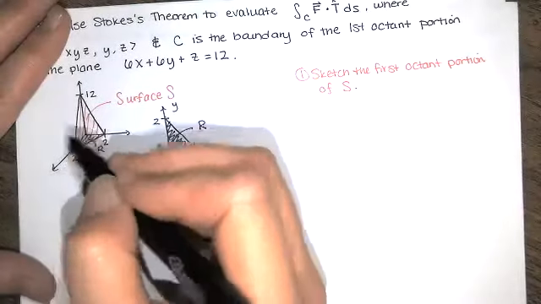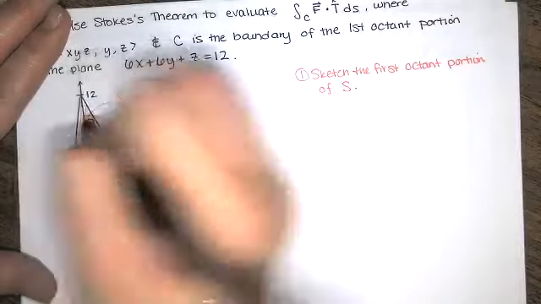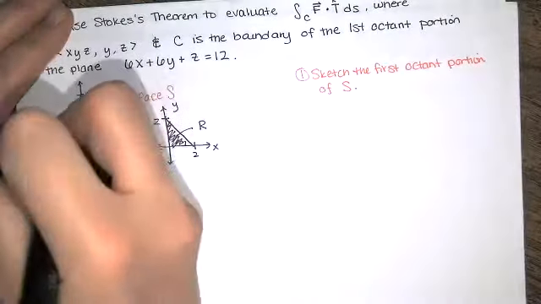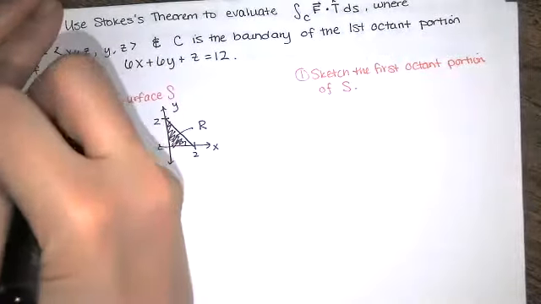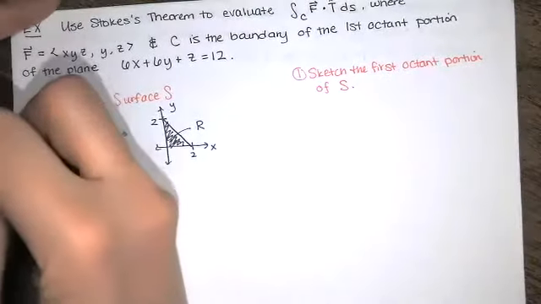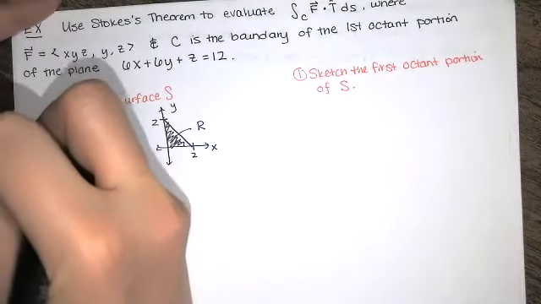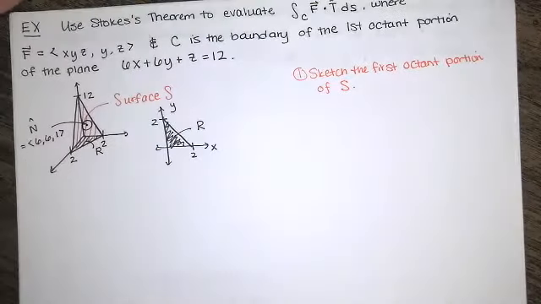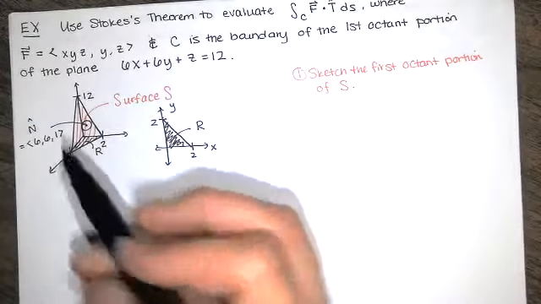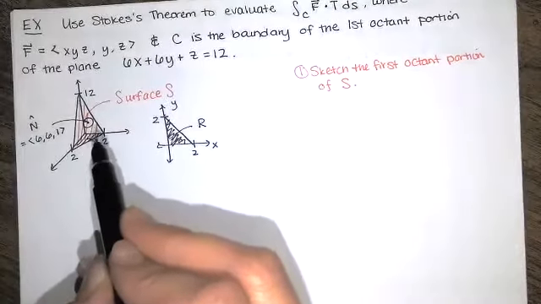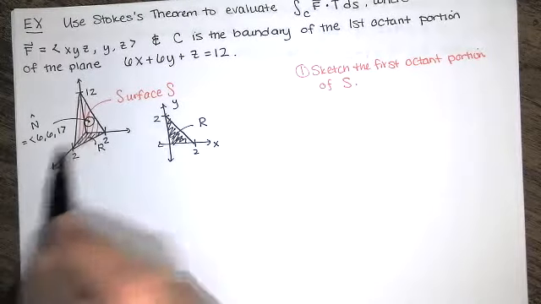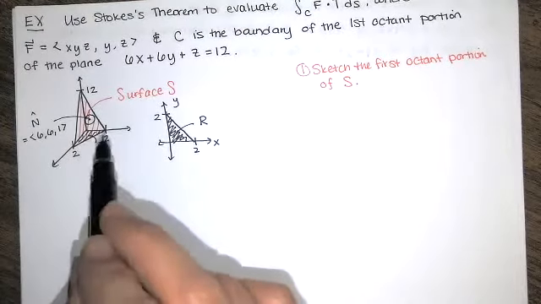Relative to that normal that's pointing out at us, and I'll put a little point like that to indicate that that normal is pointing out at you, and it has a component 6, 6, 1. Well, that's the normal vector to the plane.